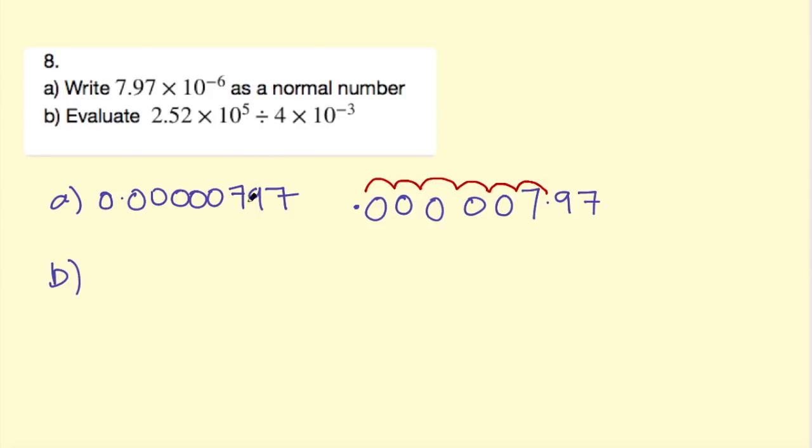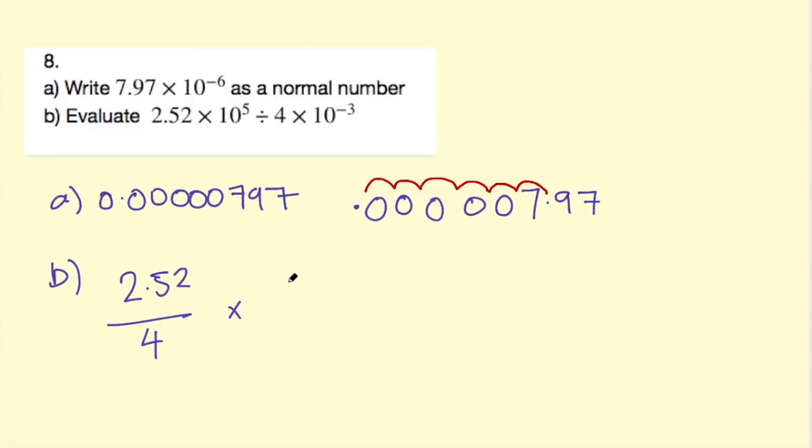So part B, we've got evaluate 2.52 times 10 to the power of 5 divided by 4 times 10 to the minus 3. When you've got two numbers in standard form and you're dividing them, you can divide the whole numbers and divide the powers of 10, and that makes it a little bit easier to work with.